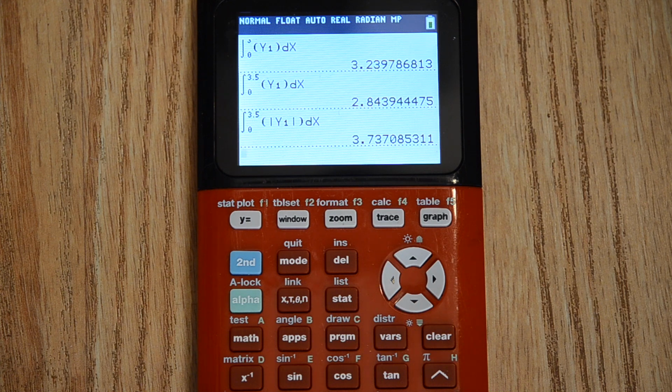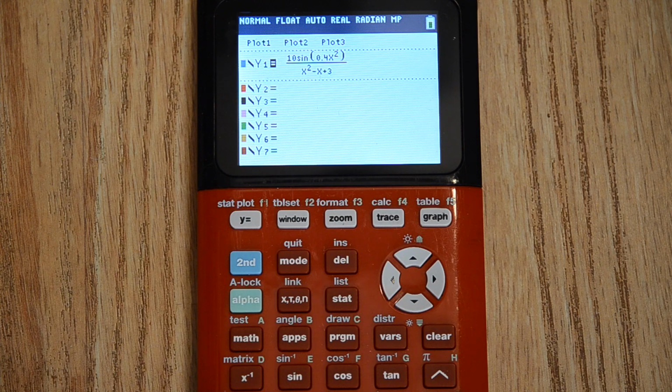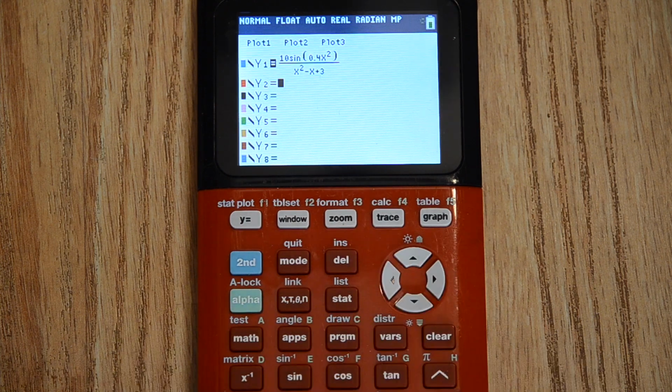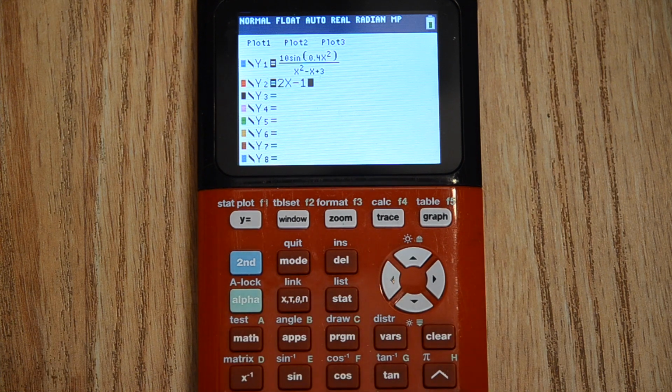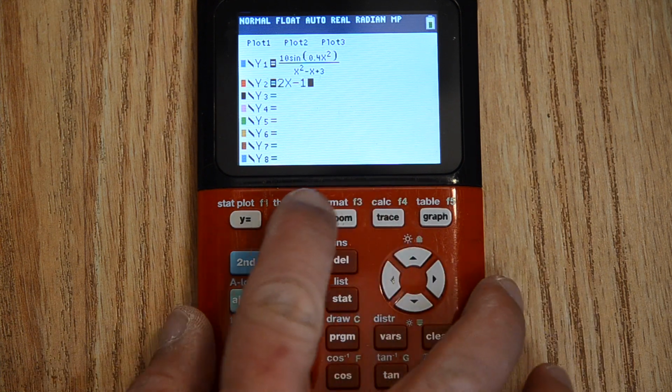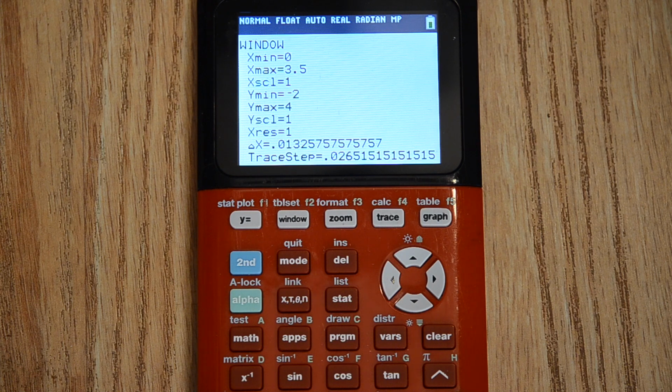So how did we find that? How did I find that time where those two velocities were equal? Well, thankfully, we already have the equation for the original function typed into our calculator, so I'm just going to come down here and type in the derivative for our second particle, which is 2x minus 1. And I'm going to go ahead and hit window, and it's already set up.